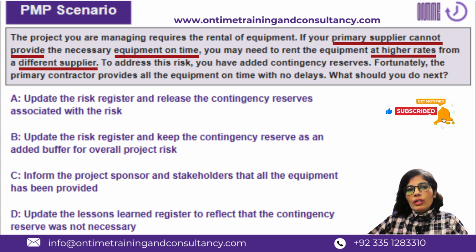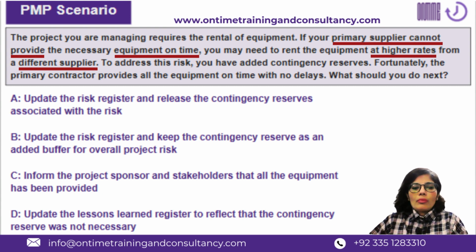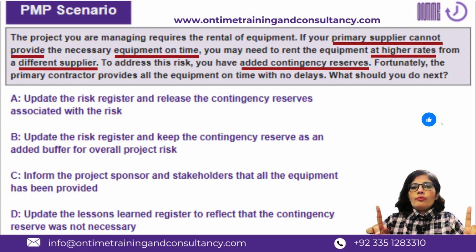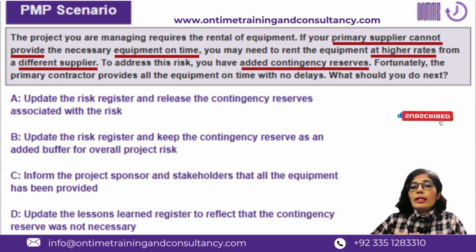And accordingly, you have kept the contingency reserves with some budgets and necessary cost-related aspects in your risk register corresponding to the risk. Right? So the addition of the contingency reserve to that risk is important. And the other part which is important is that this risk actually didn't occur.